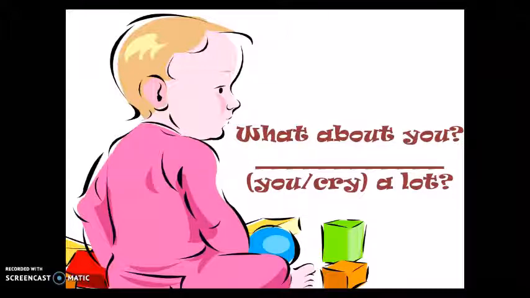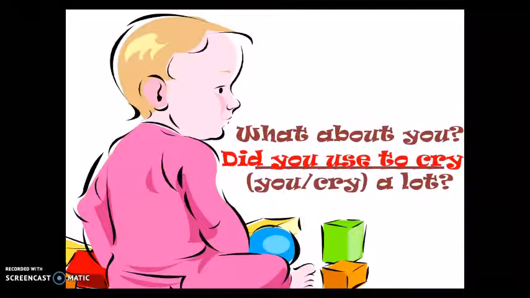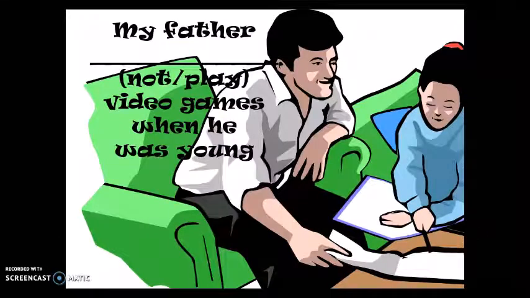What about you? You cried a lot. Right? This is in the form of question. What about you? Did you used to cry a lot? Okay, let's move on. Next sentence. My father not play video games when he was young.